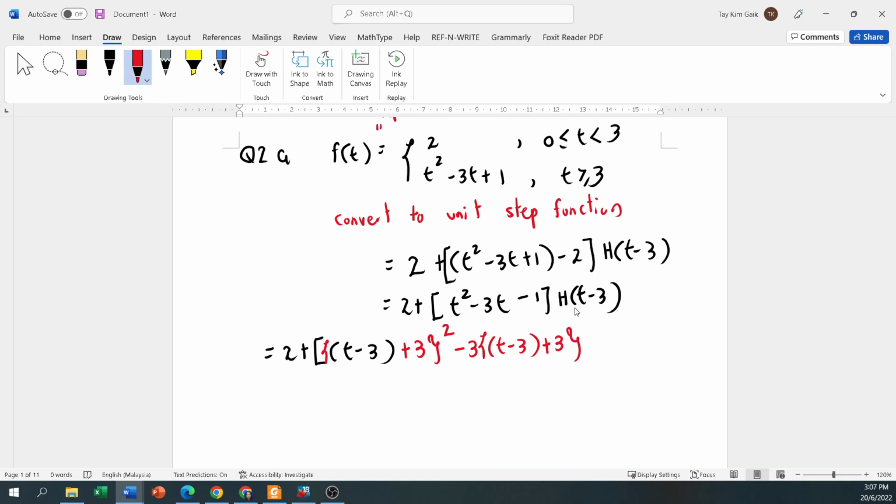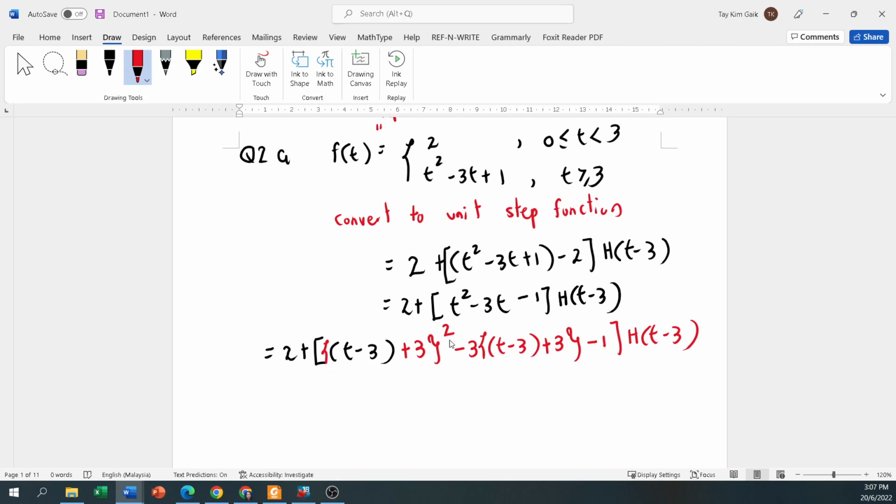Minus 1 is a constant, so it remains constant. h(t minus 3). So you see here, this one, you minus 3 plus 3, and then close everything before you square it. So t here, minus 3 plus 3.